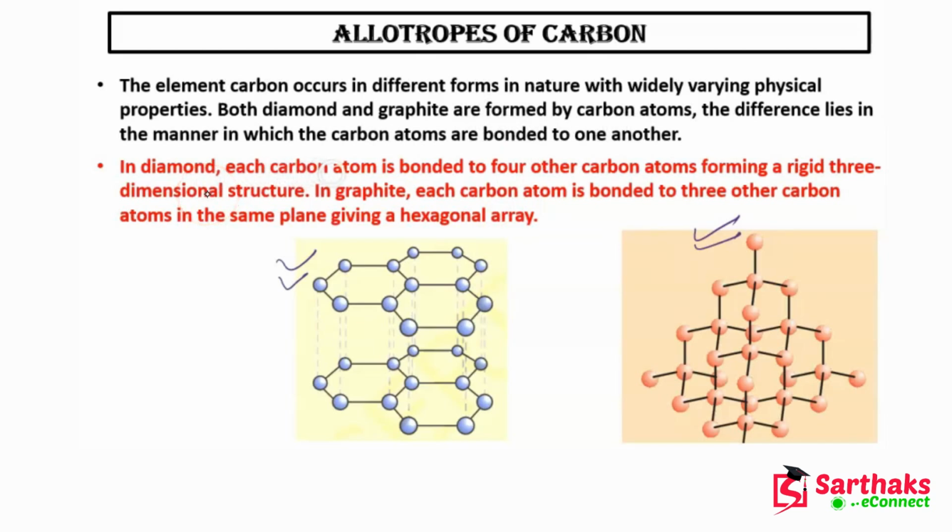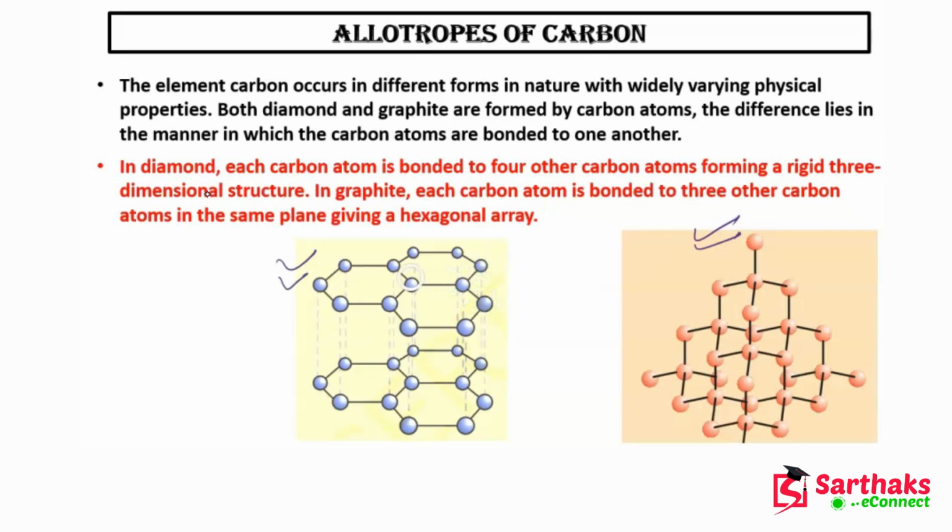In diamond, each carbon atom is bonded to 4 other carbon atoms, forming a rigid 3-dimensional structure. You can see each carbon atom is connected with other 4 carbon atoms, 1, 2, 3 and 4. But in graphite, you can see each carbon is bonded to 3 other carbon atoms.